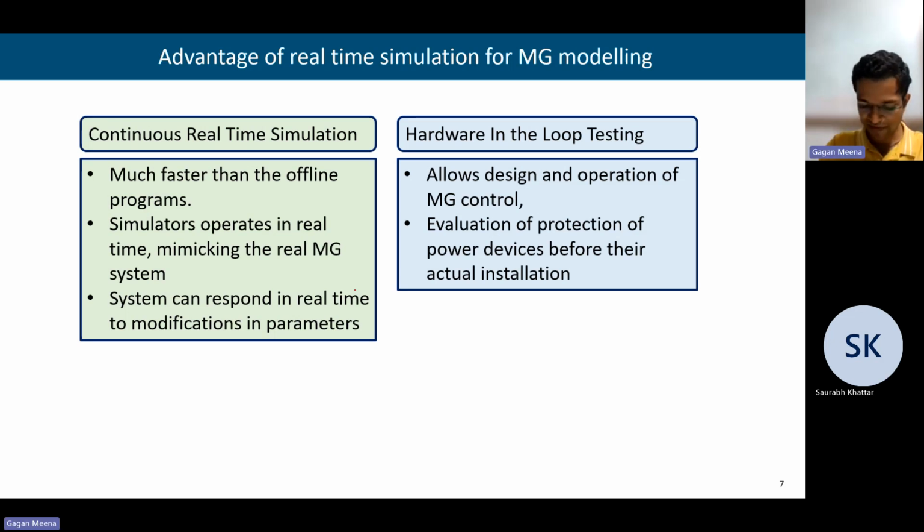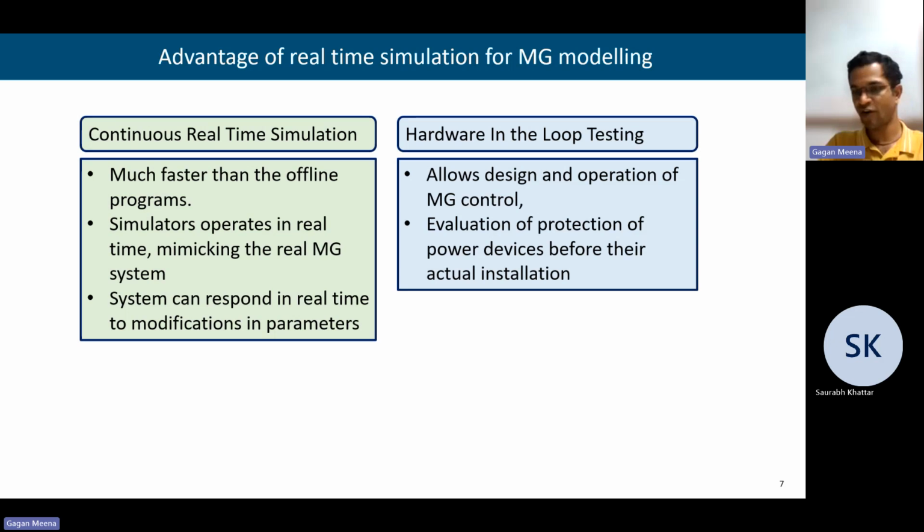If you change something, then they will act as if it is happening in the real system. Let's say in the real system outside, we have an actual microgrid connected to the grid and there is a fault. Whatever changes happen and the time which it takes, this real-time digital simulator will also mimic the same thing within the same time period.